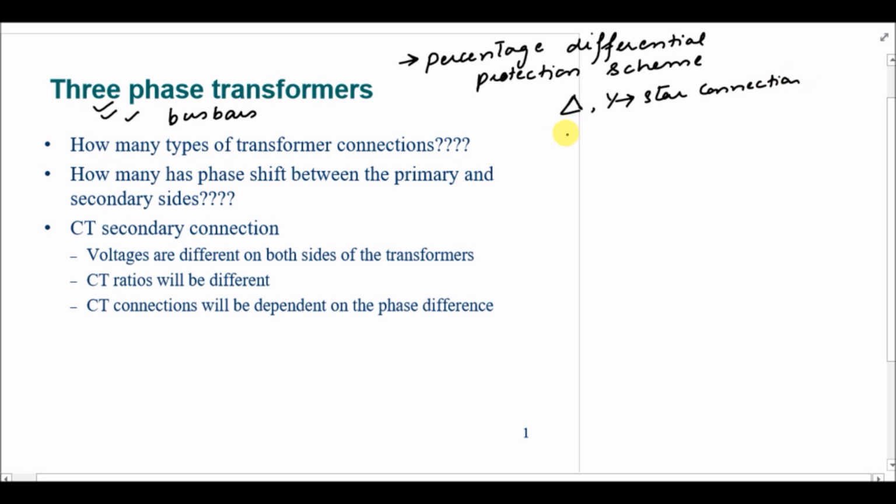Whenever we have the same winding connections on the primary as well as secondary side of the transformer, we do not have any phase shift between the two sides.